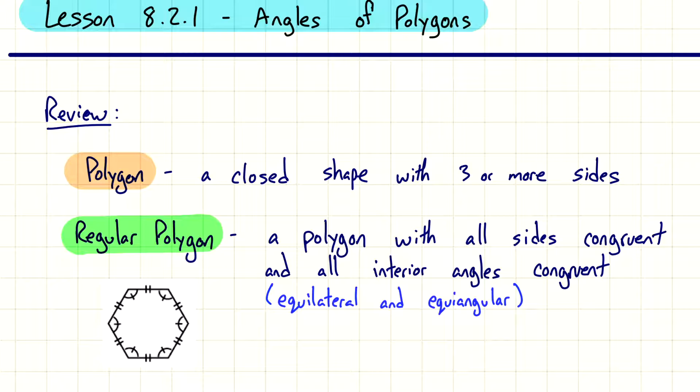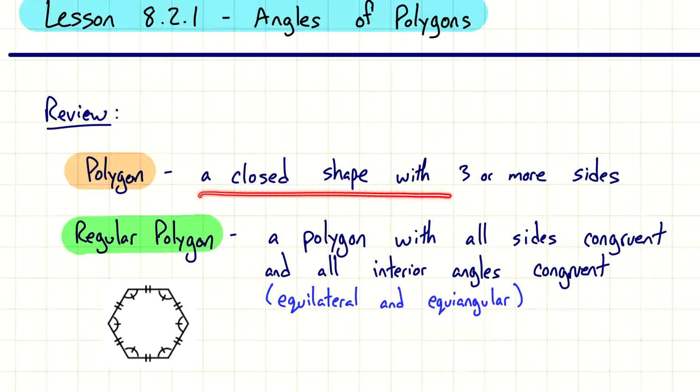So the name itself tells us it's a shape with many angles, but with many angles comes many sides.